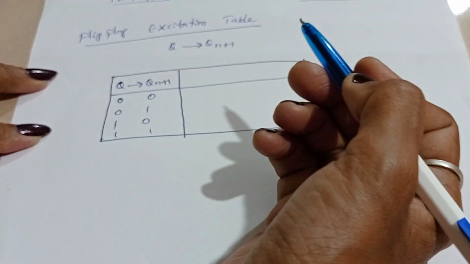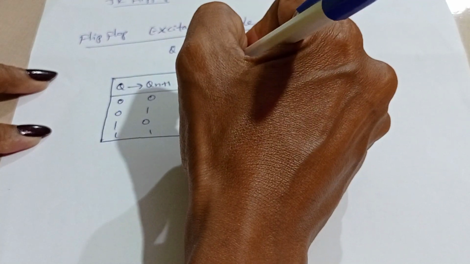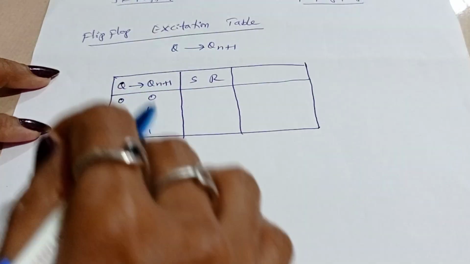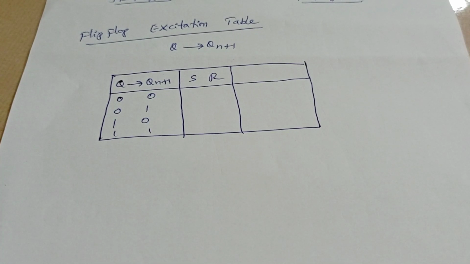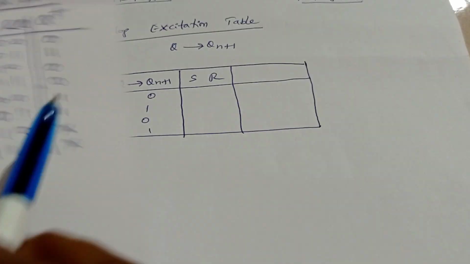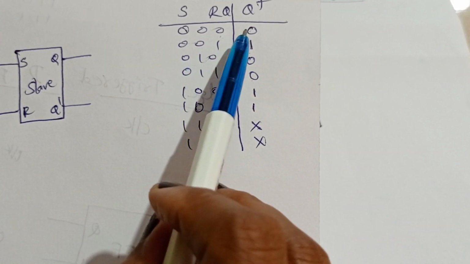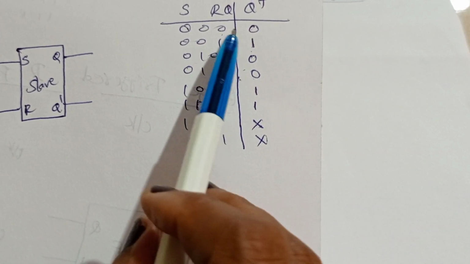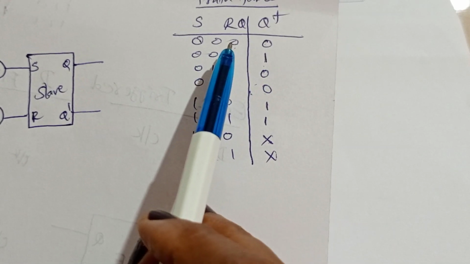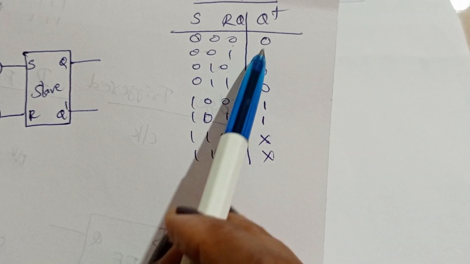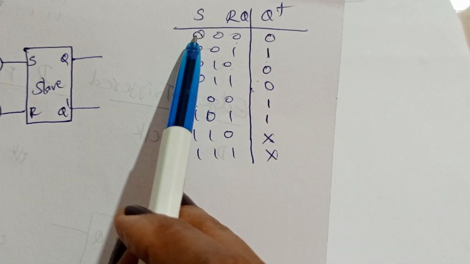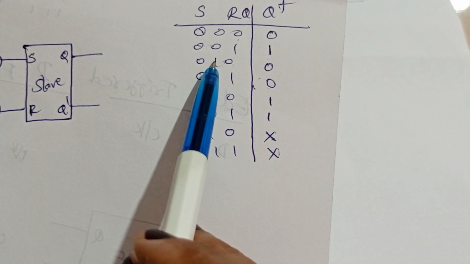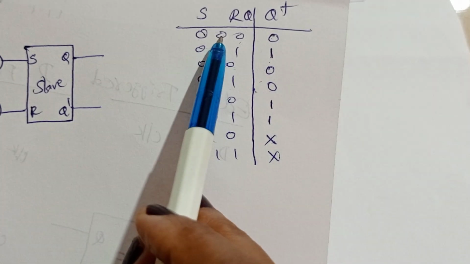We look at SR flip-flop. See the truth table SR flip-flop. From this, 0, 0, that means for Q and Q plus 0, 0, what will be the SR inputs? S is 0 and R is changing from 0 to 1.